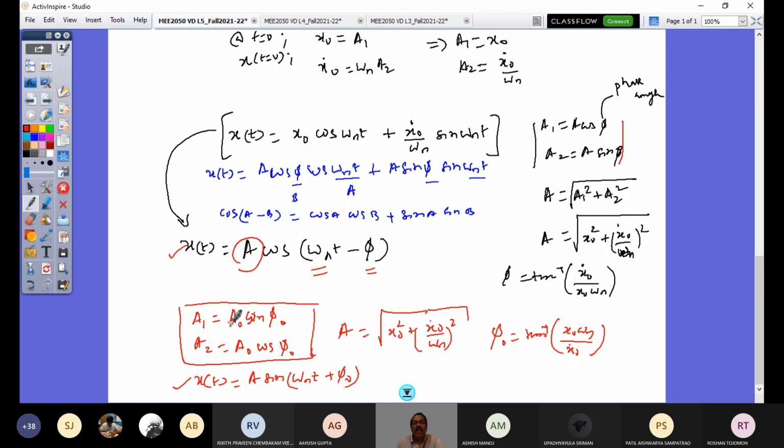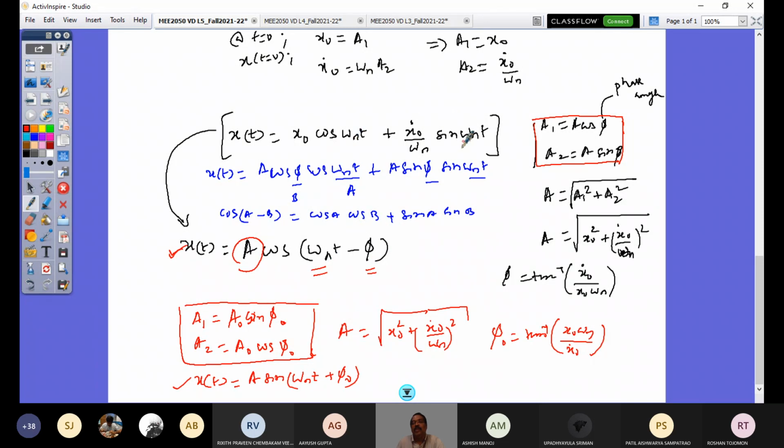This A naught and phi naught, I just wanted to differentiate from what I considered in the other case. I get both of them. If I consider A1 as A cos phi and A2 as A sin phi, I get my compact form, where I get amplitude, frequency, and phase angle all in one equation.